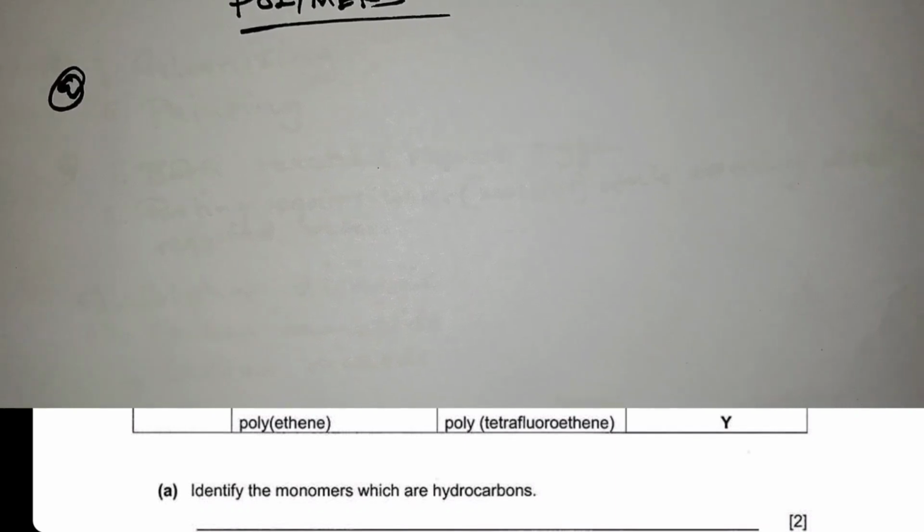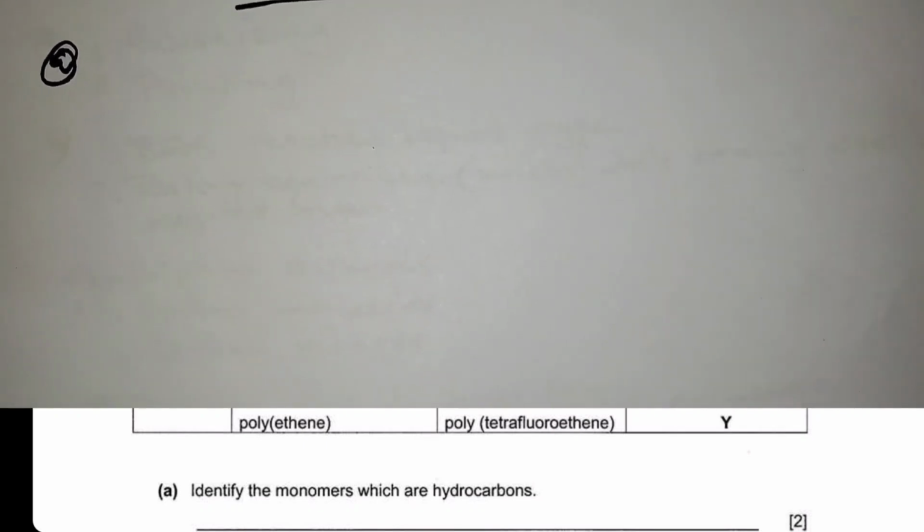You can see the table: for monomers you have ethene, tetrafluoroethene, and then W there. For polymers, we have polyethene, polytetrafluoroethene, and then Y. Then they're saying identify the monomers which are hydrocarbons.